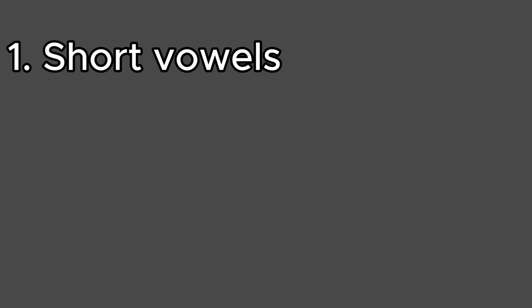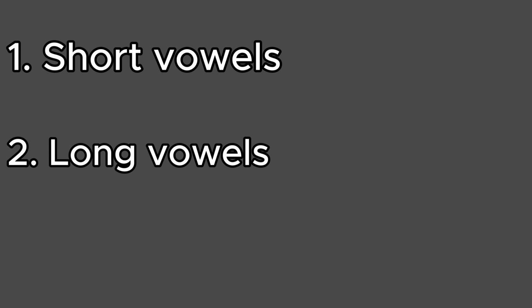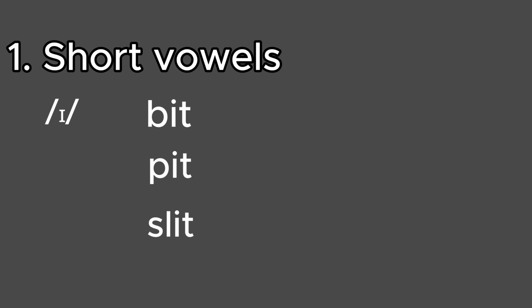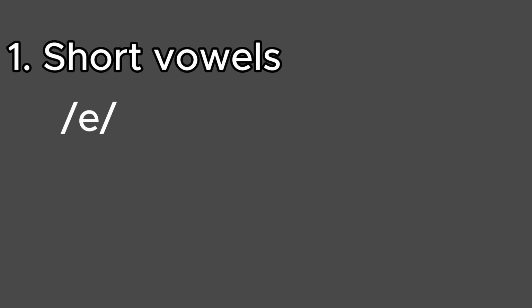Vowels are divided into three: short vowel sounds, long vowel sounds, and something called diphthongs. So for the short vowel sounds, let's begin with this sound, I, as in the word bit and pit and slit. That's a short I sound. And then we've got this sound as in bed, pen, red, and so on. And then we've got this sound as in cat, pal, and rat.